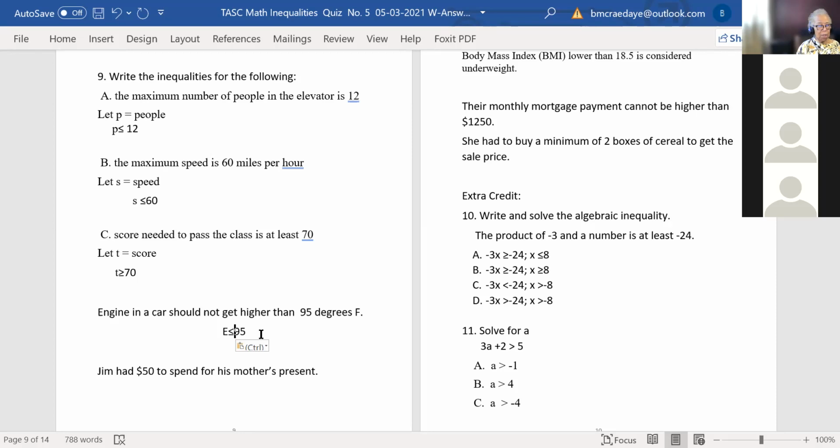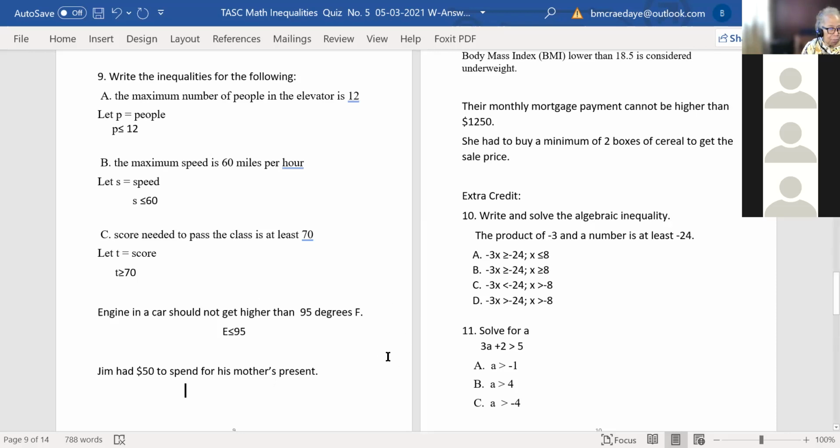Okay. All right, Maureen. Jim had $50 to spend for his mother's present. What's the inequality? Tell me what to write.